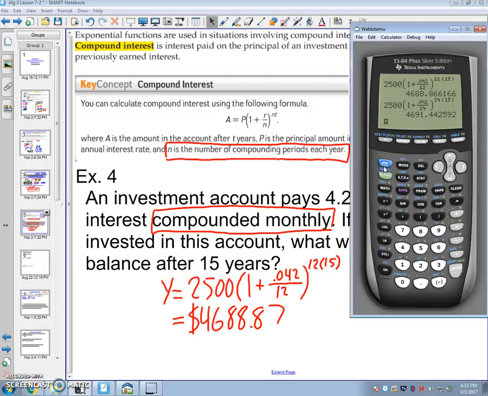Basically, there's technically a daily one as well. Say I do 365 times per year. Let me put 365 up here. He'll get even more money, $2 more. But the more times you compound it, the more times you charge or check interest, the more money the person will make.